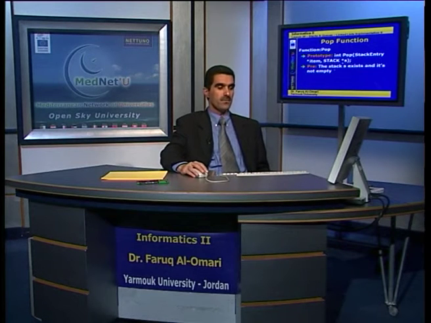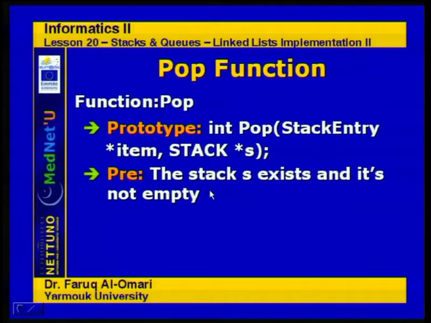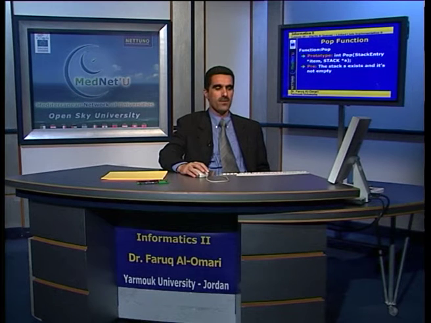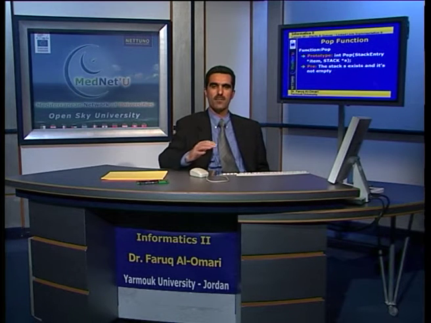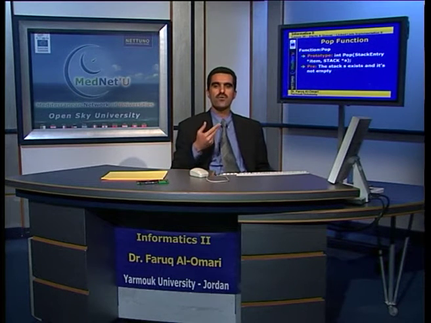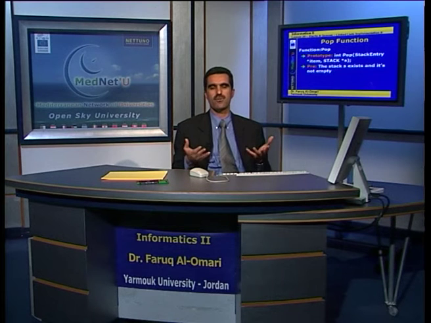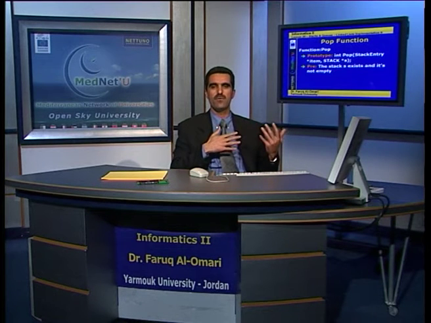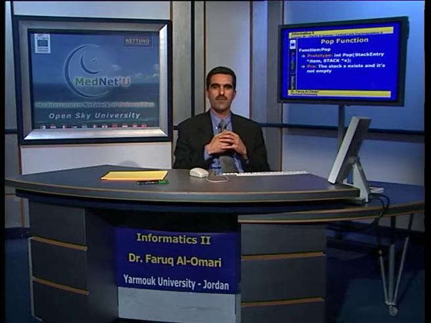The precondition, well, the only assumption we have in here is that the stack S already exists and it's not empty. Because if it's empty, then I will have the problem of underflow. Then I have to check first that I have entries to start with, and then I will remove the entry on top of the list, and place the data in item.